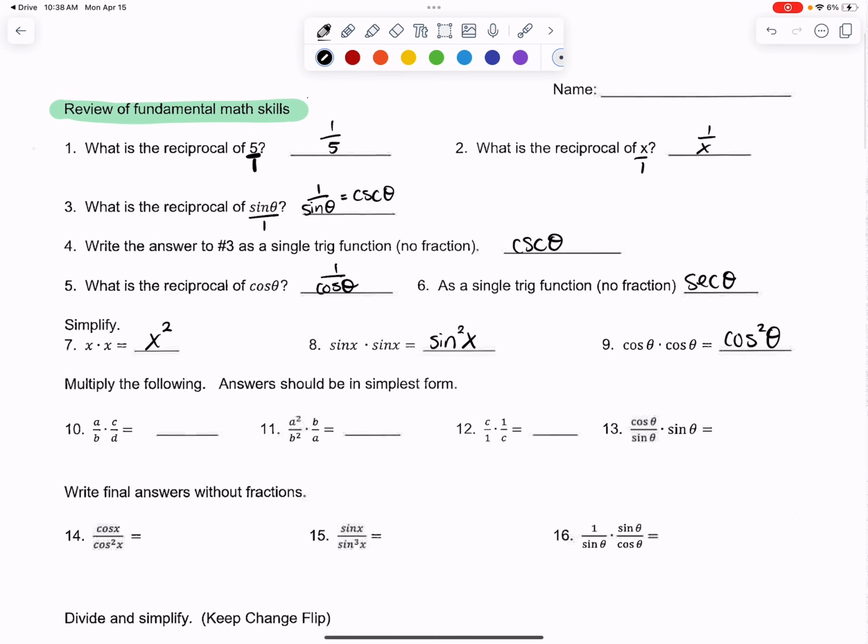Now, if I multiply fractions, a over b times c over d, we multiply top times top and bottom times bottom. So that is ac divided by bd. If I have a squared over b squared times b over a, that is a squared times b over b squared times a, and I can simplify that because I have some common factors.